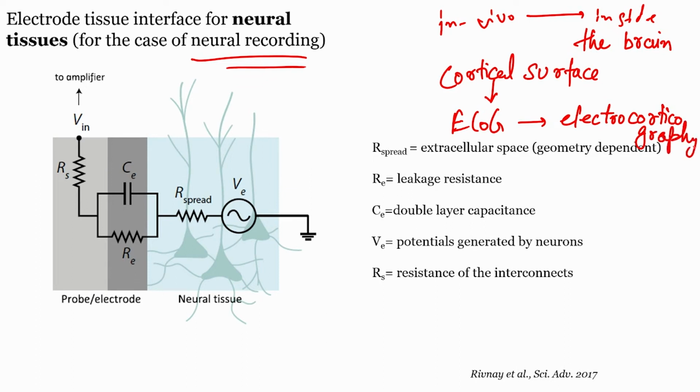So let us see what different elements are there as far as recording of neural signals is concerned. This is the probe that you have implanted on the cortical surface, and the recorded signal will be sent to a signal conditioning circuit.